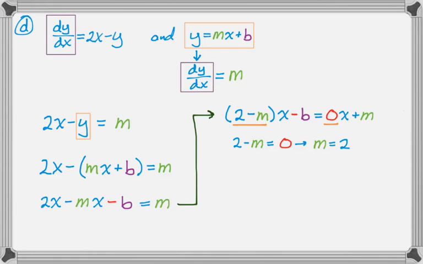And so that tells me that m is equal to 2. And then looking at the things that don't have x's, negative b must be equal to m because these two things are equal to each other, which means that b is the opposite of m, so b is negative 2. And those are the values of m and b. I hope you found this helpful, and good luck.